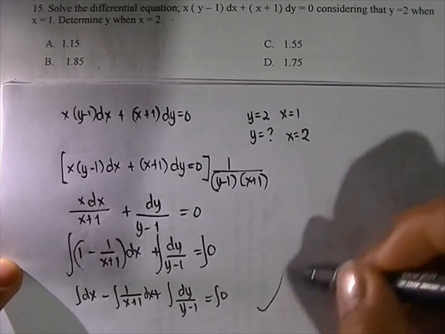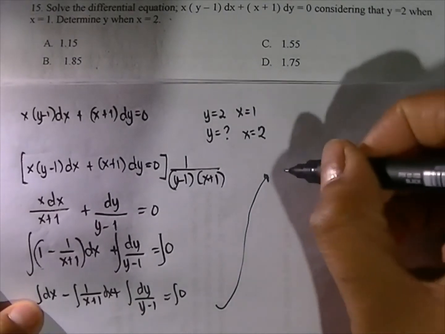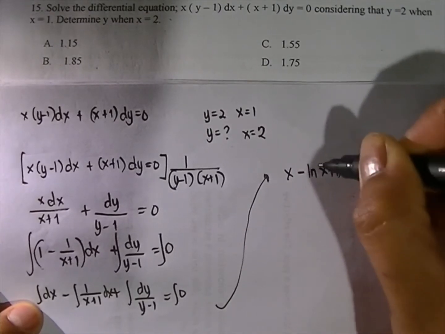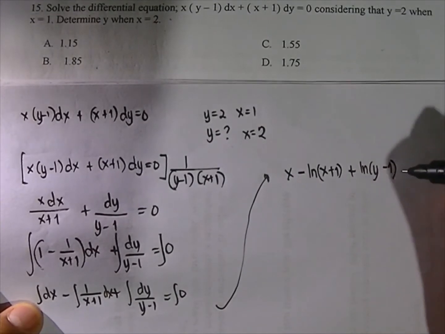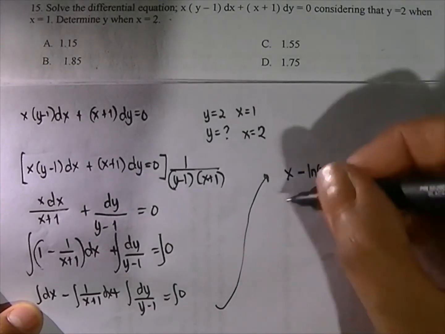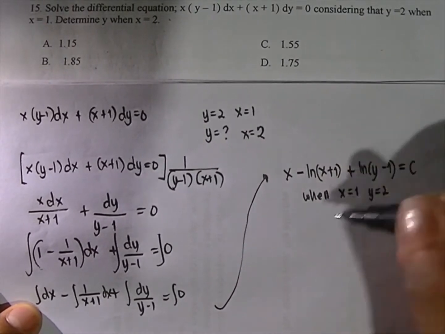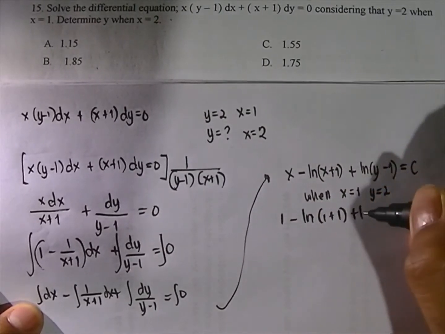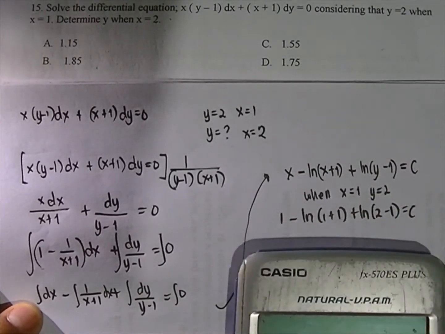So we have x − ln of (x + 1) + ln of (y − 1) equals c. So when x is 1, y is 2: 1 − ln of (1 + 1) + ln of (2 − 1) equals c.